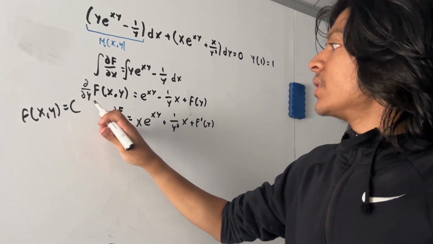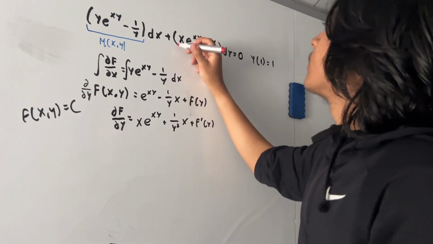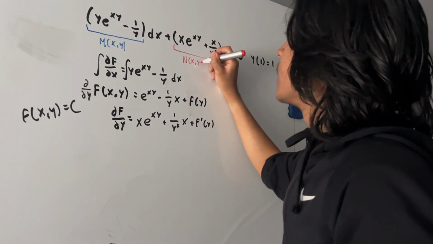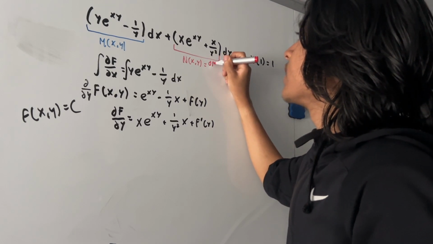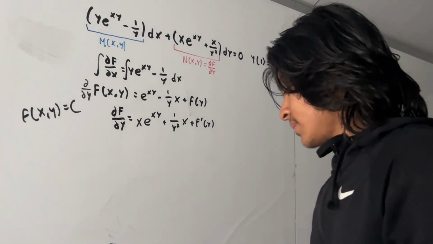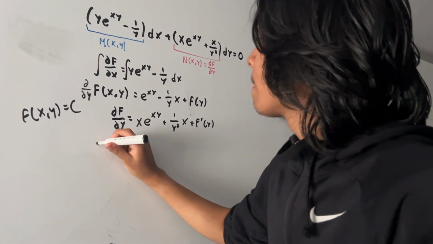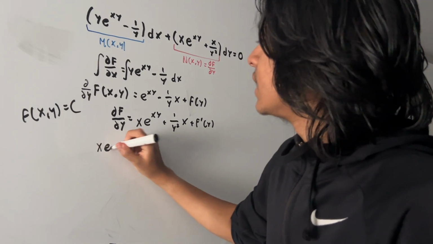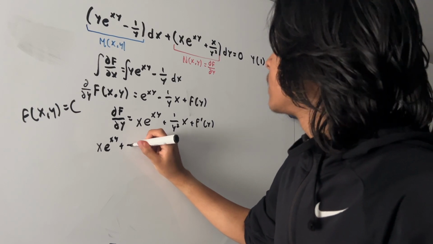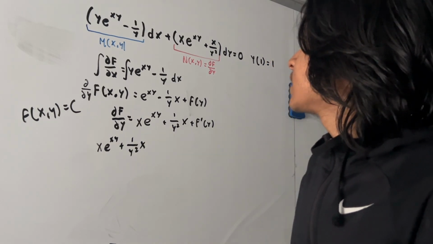We know what our df dy is from this part. So right here, N of x, y, which is equal to the partial of f over the partial of y. So we're just going to plug that in. When we do that, we're going to get x e to the xy plus 1 over y squared of x.